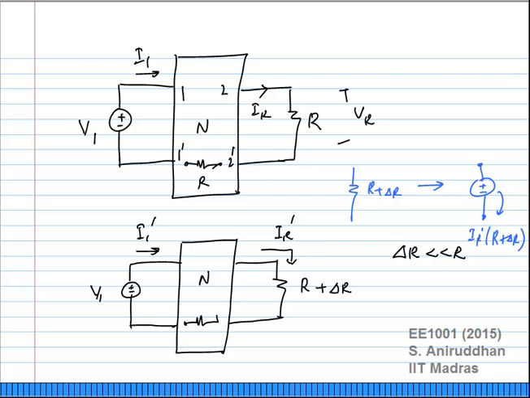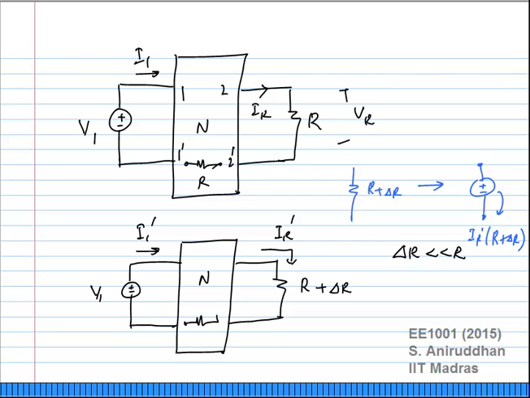Now let us say this resistance is not R but R plus delta R. I want to find out what happens, for example, to this current IR, which is now IR prime. I want to find out what happens to this I1, which has now become I1 prime, and so on. I want to find out an easy way to figure this out.